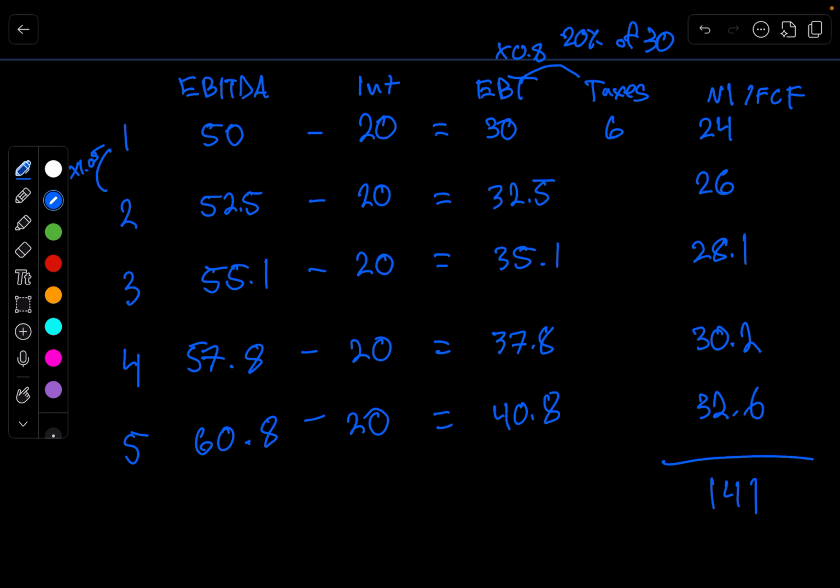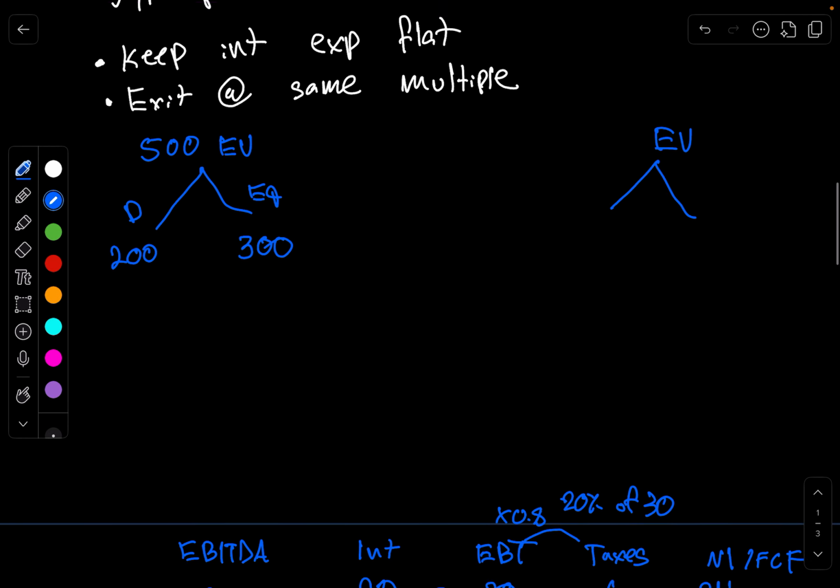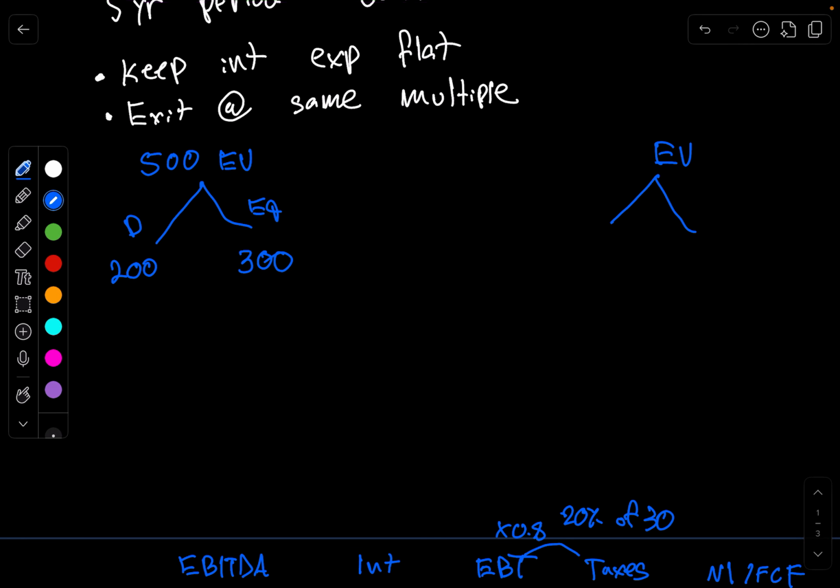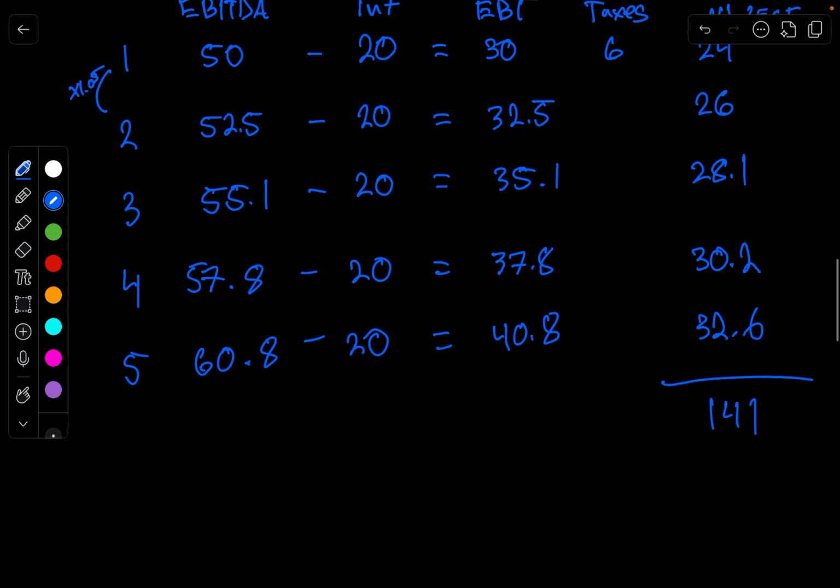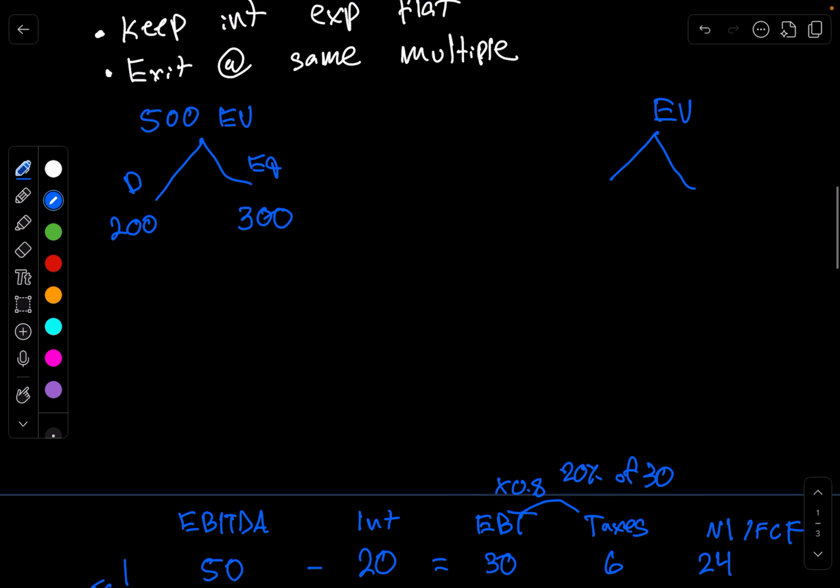And now we're actually able to do this calculation up here, because we know that we paid down $141 worth of debt. So our debt piece is going to be 200 minus 141, which is equivalent to 59. And we know that our equity piece is the rest.